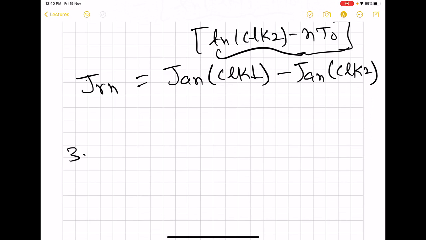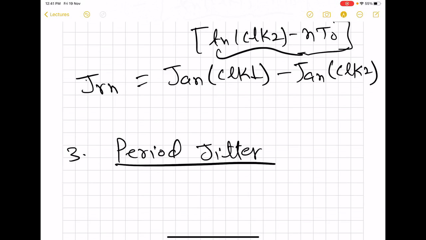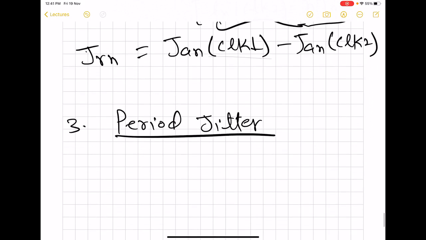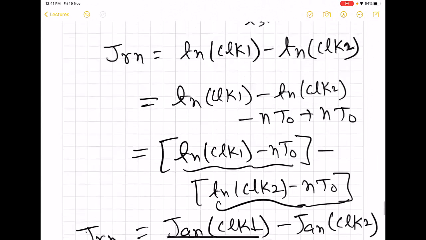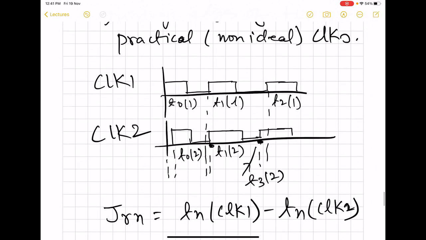Third way of specifying this jitter is period jitter, or this is also called cycle jitter. This one is specified as difference in the period of one non-ideal clock.